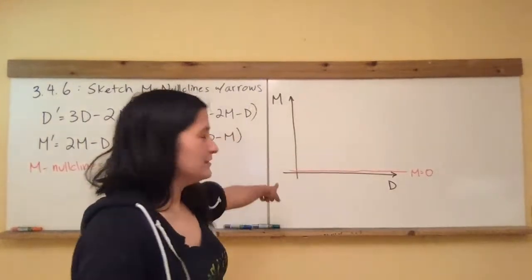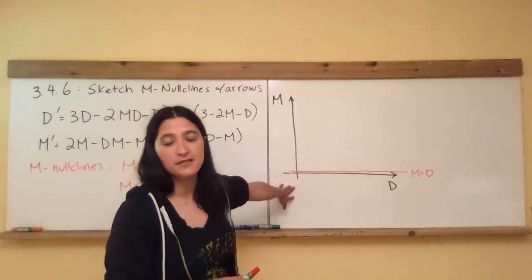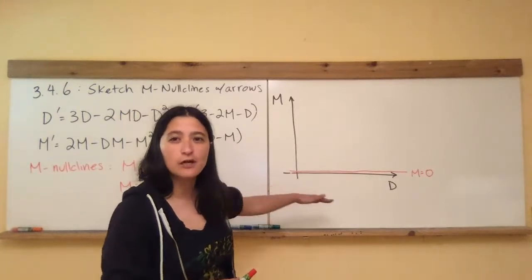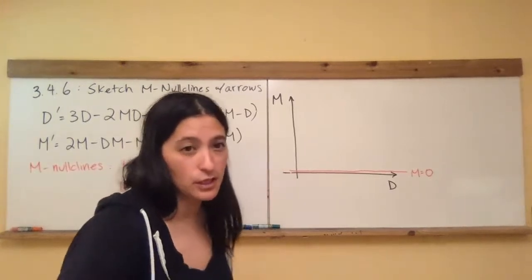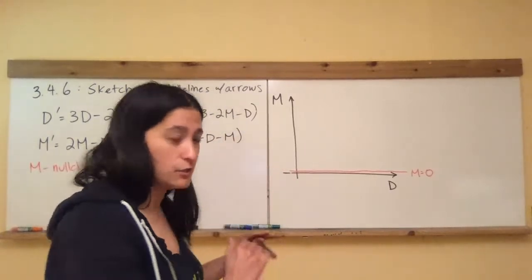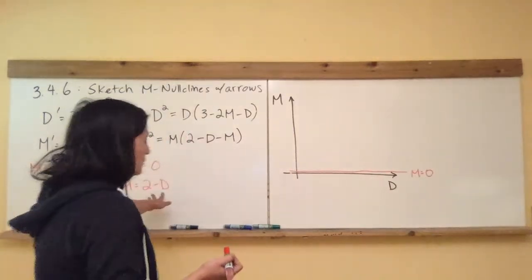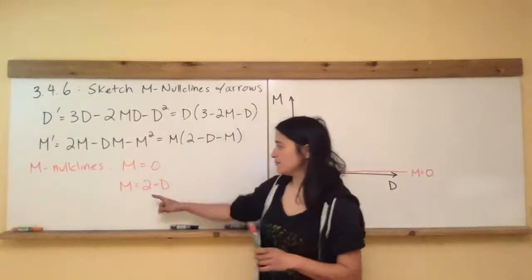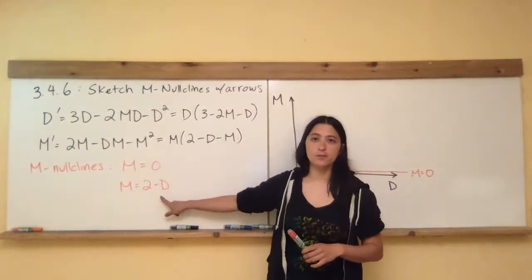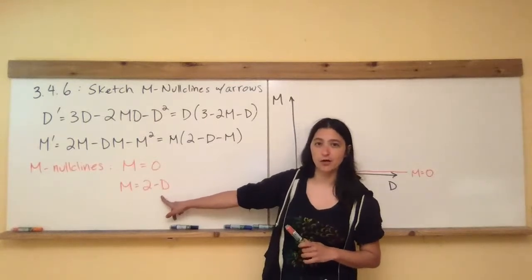Okay. So this line here is technically supposed to be right on top of the D axis. I just drew it hovering above so that you can see it, but make sure that you know that it is literally on the axis. Then the other one, 2 minus D, has a y-intercept of 2 and a slope of -1, which leads to a D-intercept, or x-intercept, also of 2.